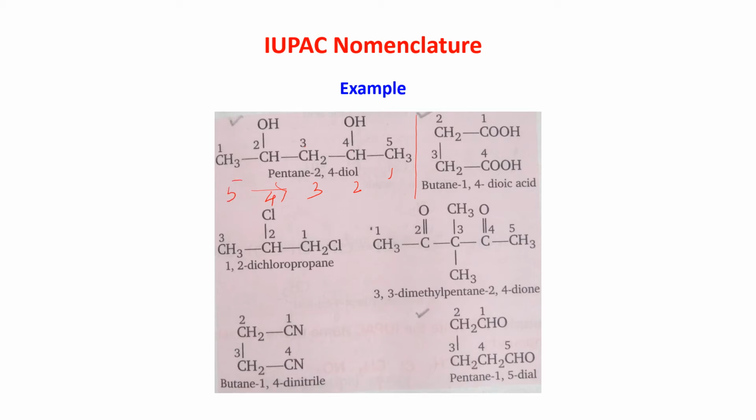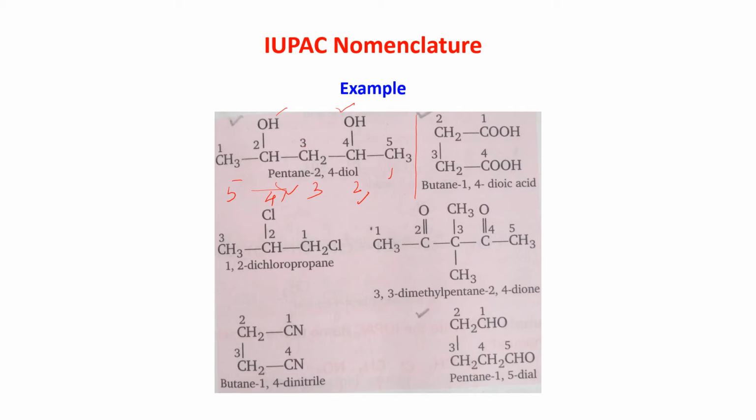You can give any one, because if you go from left to right, then the 2nd and the 4th positions have OH. And if you go from right to left, then also the 2nd and the 4th positions have OH. So you can give the numbering from left to right or right to left, it is all the same.